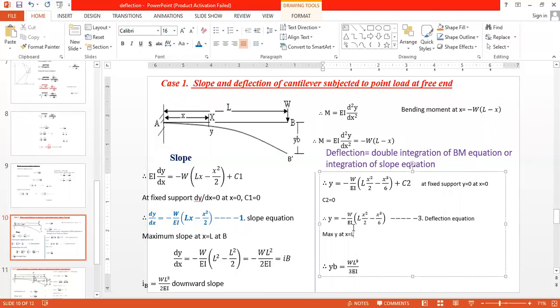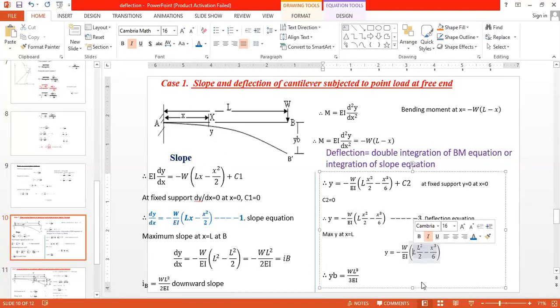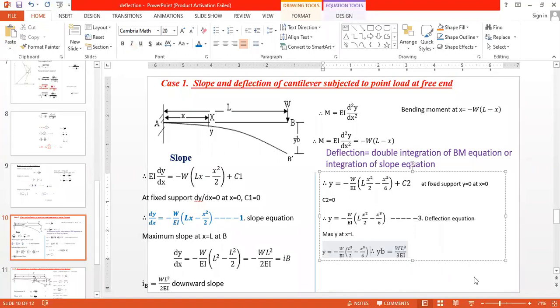Now when we put x is equal to L in this equation, what you will get here, you see, it becomes L cube because this x is there. Here it is L cube by 2 minus L cube by 6.